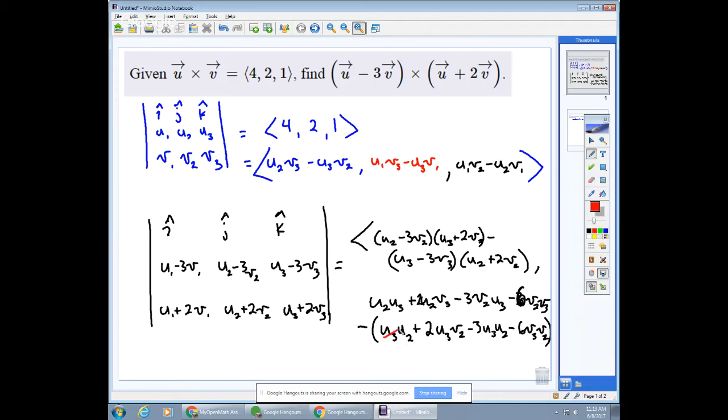This one goes. Almost every term cancels. That's U2, that's U3. Is there another U2 V3 down here? Okay, and those guys cancel right there. V2 V3. Oh, wait, did I mess that up? Oh, that must be a V3 V2 V2. Okay, yep, those cancel.